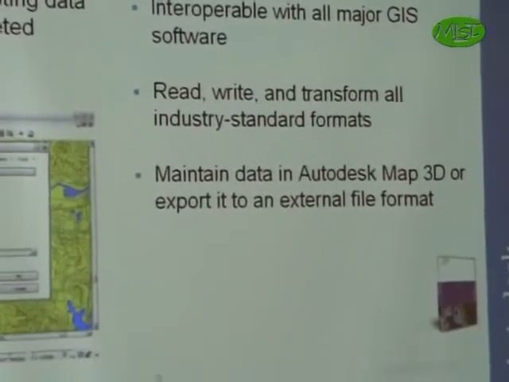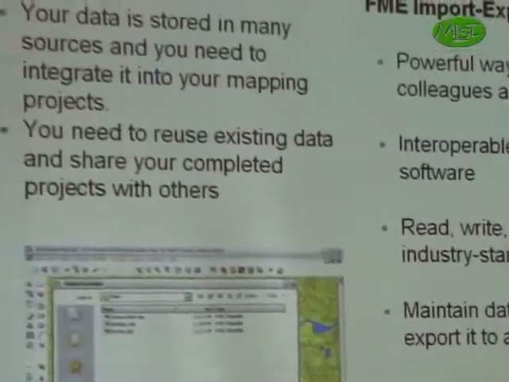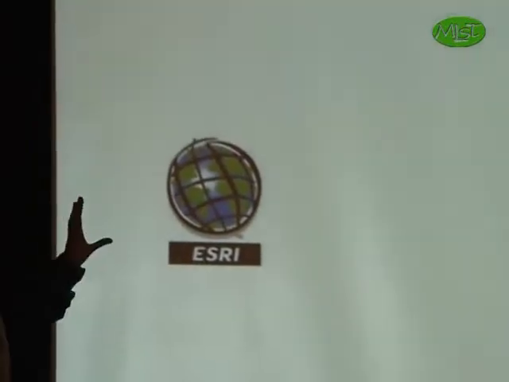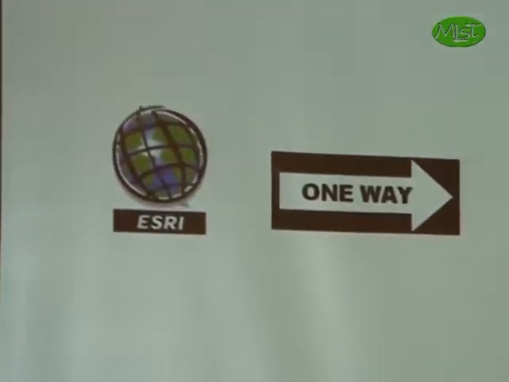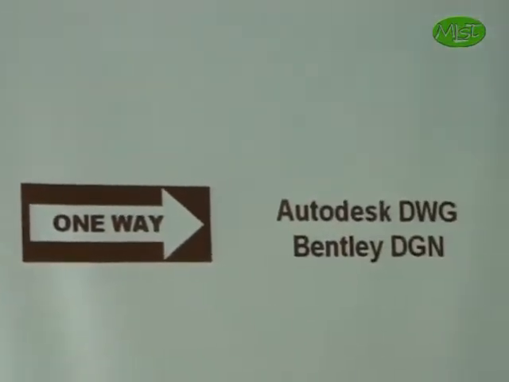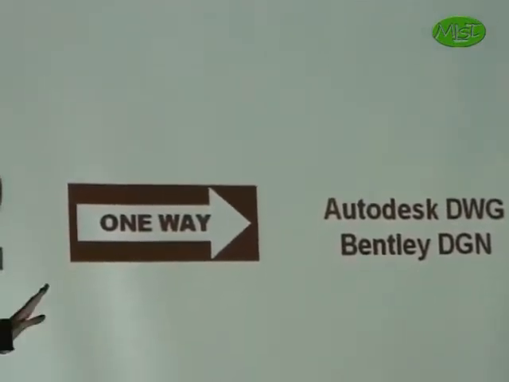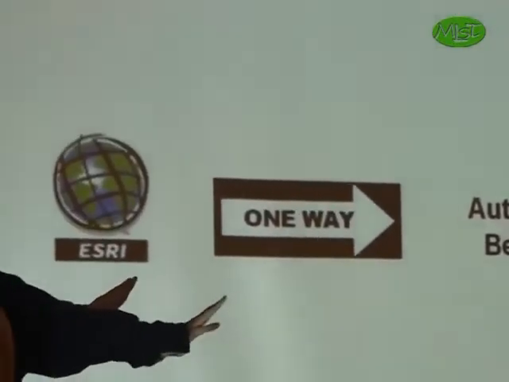So how does Autodesk Map compare with other GIS software? Let's look at an example. I'm going to take a very famous example, the S3 software. Let's say we want to translate the data to Autodesk DWG format or Bentley DGN format. Usually, when you buy it out of the box, you only get it one way. That means from S3 only to DWG or DGN.